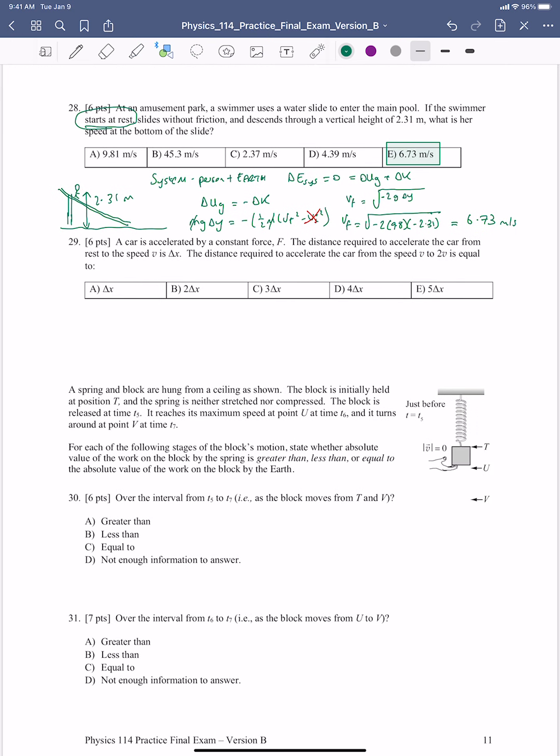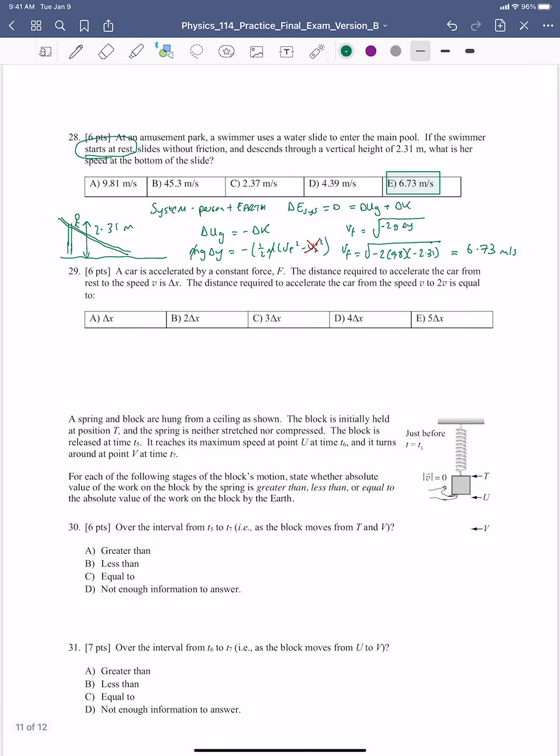Okay, so it is energy, but the person is somewhat in free fall. It's not the only force acting, but the only force that's causing the person to accelerate is the weight force.